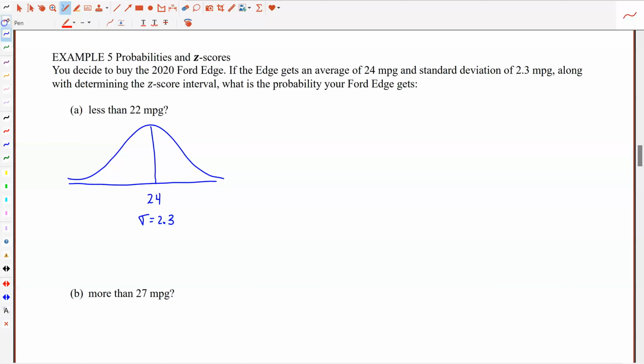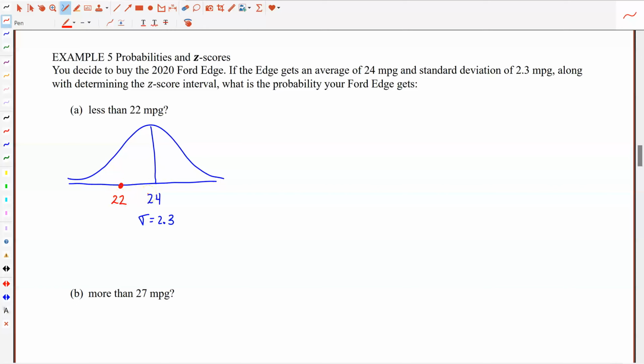We are being tasked to find the probability that this Ford Edge gets less than 22 miles per gallon. Well, 22 is less than 24, so when I label 22 along the horizontal axis, I'm going to put it to the left of 24. It doesn't have to be perfect. I'm just going to put a mark to the left that I think represents 22.